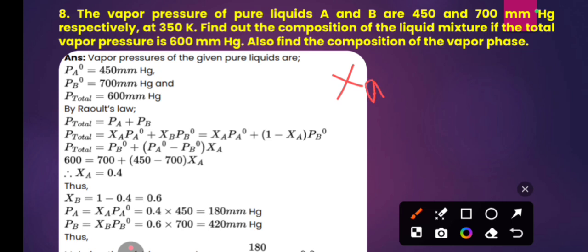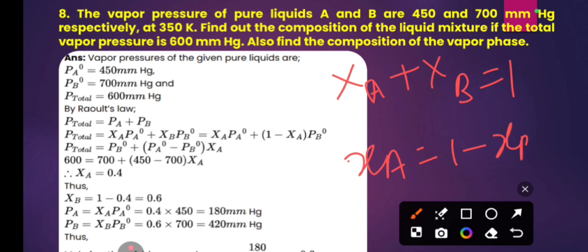XA plus XB is always equal to 1. So you can write XA is equal to 1 minus XB, or XB is equal to 1 minus XA. Depends on you, whichever you want to put. Any one you can use here. So now you have got only one variable, that is XA.